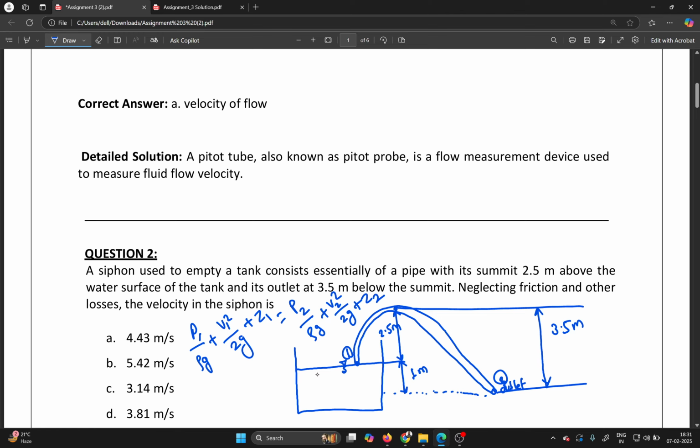Here I am assuming this is the datum, so Z1 will be 0, P1 and P2 will be atmospheric pressure, and the velocity in the tank V1 will be 0. So the pressure terms cancel out, and V1 is 0.